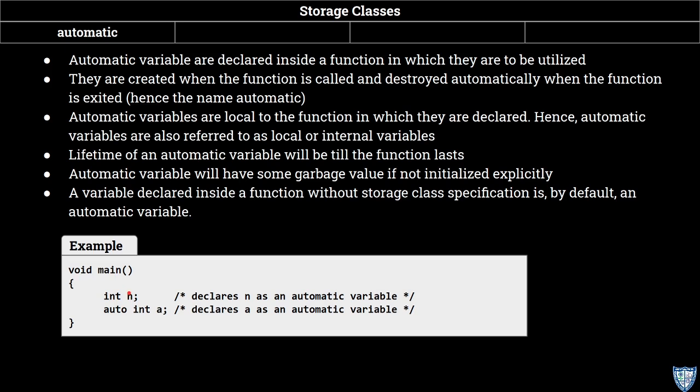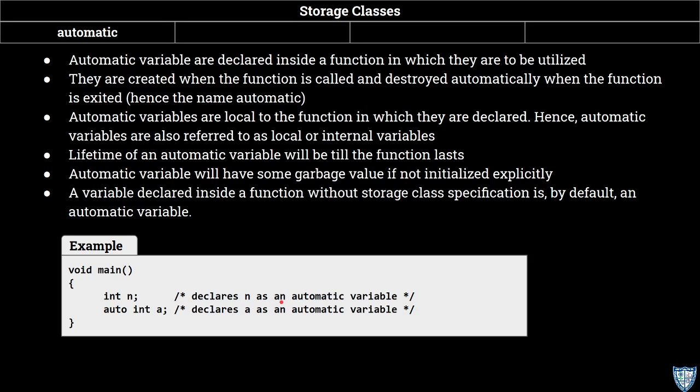So any variable declared inside a function is called an automatic storage class. You can also use a keyword called auto to specify that this variable is an automatic storage class variable. But you don't have to put it explicitly. Even if you don't put the keyword auto before the data type, it will be an automatic storage class.